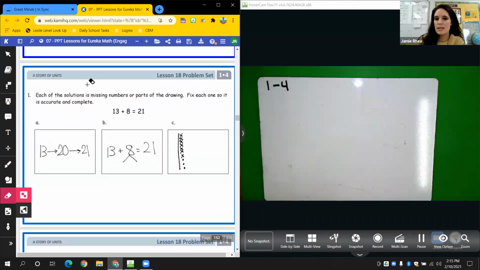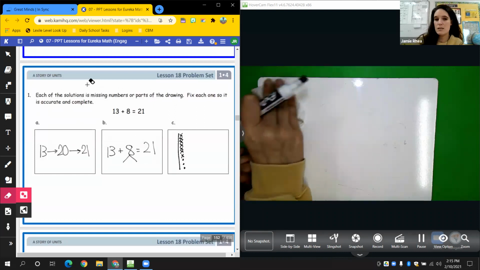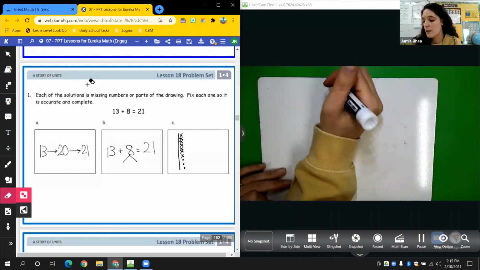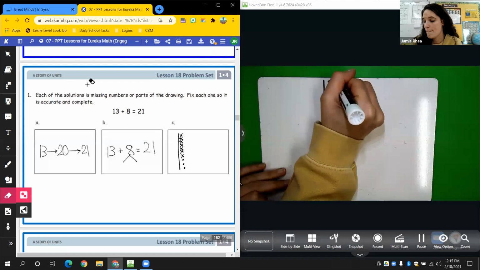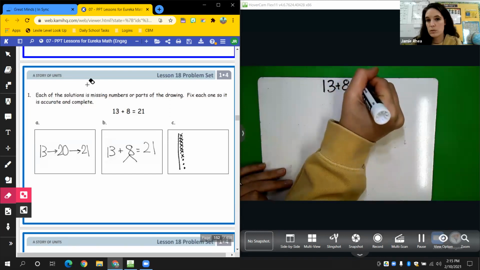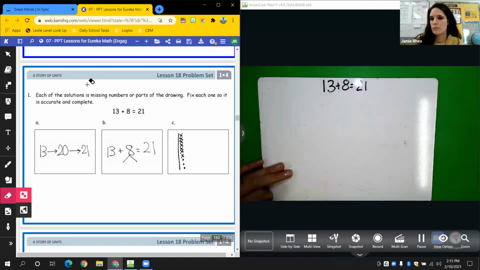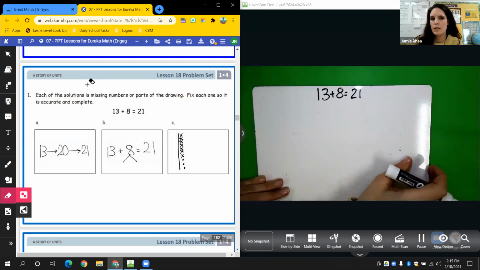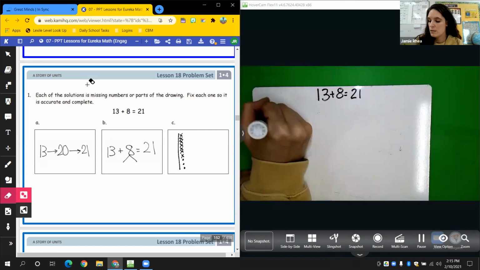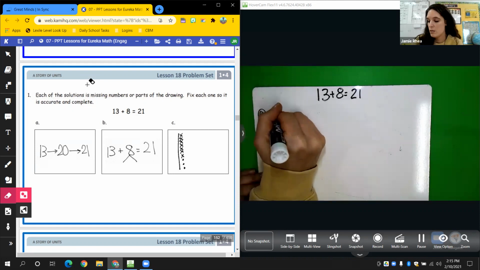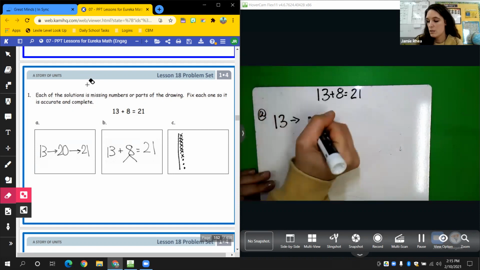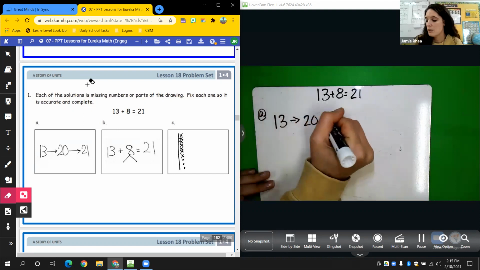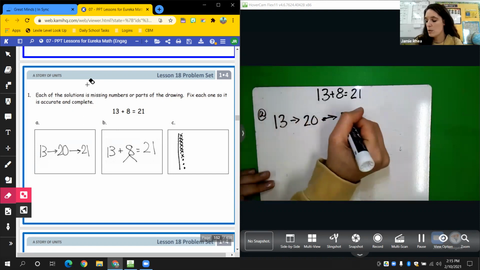My problem says 13 plus 8 equals 21. Now, A shows me the arrow way, 13, 20, whoops, 21.